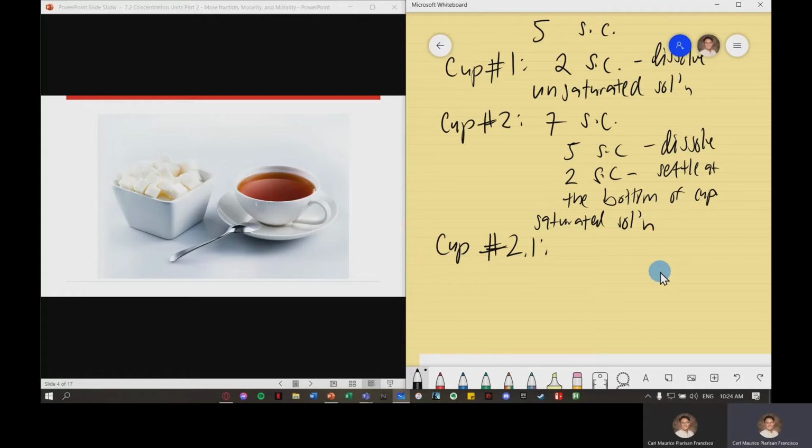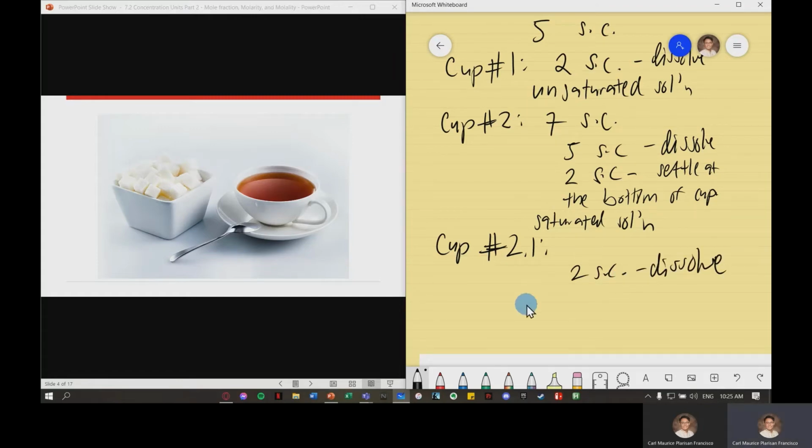Now, say for example, the same cup, the same glass from number 2 was heated. Ininit natin yung baso na naglalaman ng 7 sugar cube. Dahil ininit o tinaasan ng temperatura, yung 2 sugar cube ay na-dissolve.